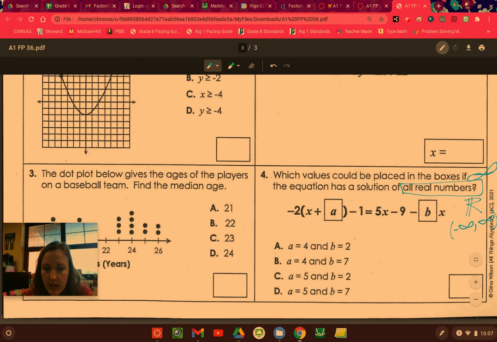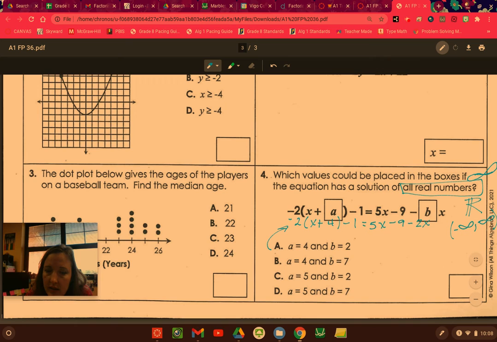So for A, negative 2 times x plus 4 minus 1 equals 5x minus 9 minus 2x. So I'm just plugging this in here.